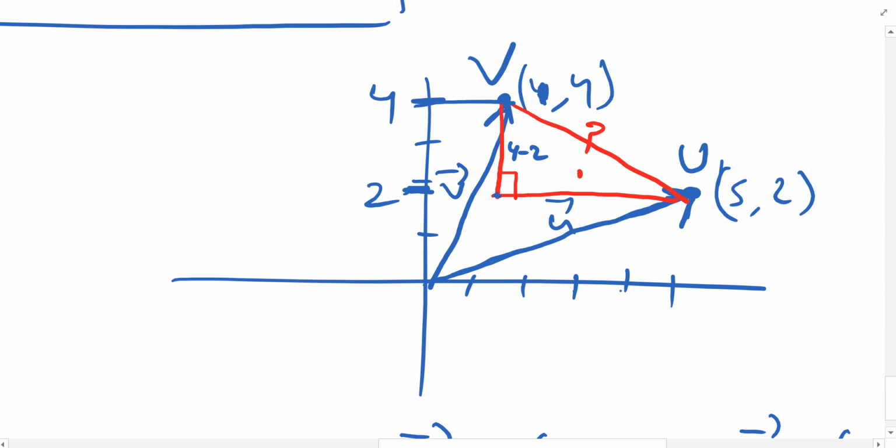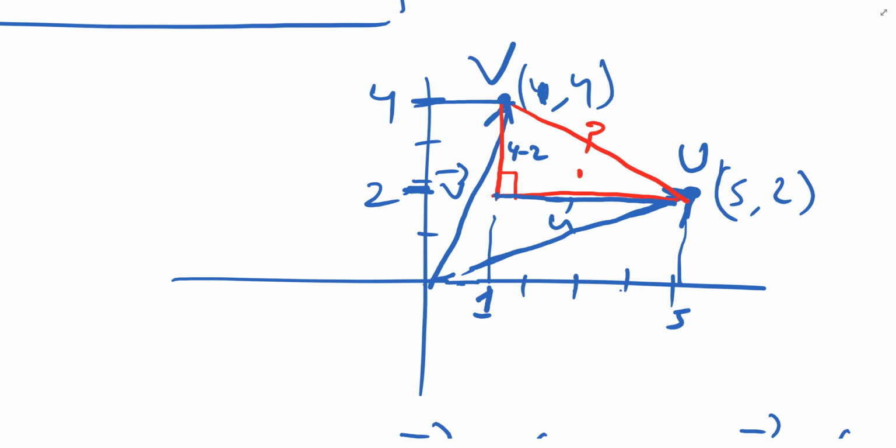Now what is the length from here to there? You do it with respect to the x components. So 5 minus 1. Right there is 5, and 5 is the whole thing from here to there, minus 1.